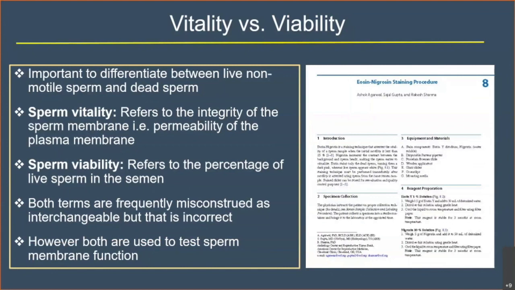Both terms are frequently used interchangeably, but I want to highlight that this is not correct. Both terms are different and distinct. The only common thing between the two terms is that they both indicate the function of the sperm membrane. On your right is the protocol for conducting this test, and this protocol was shared with all of you. Next slide, please.